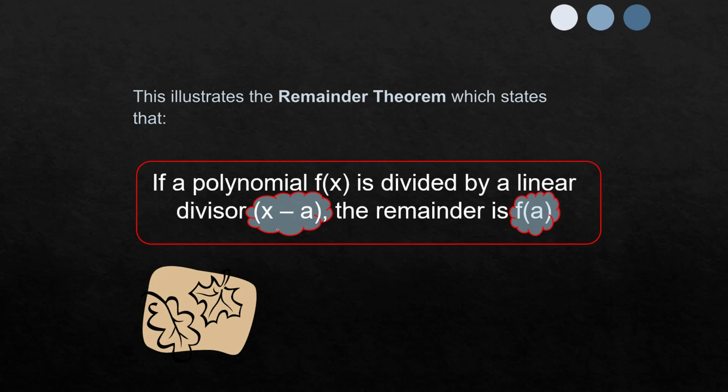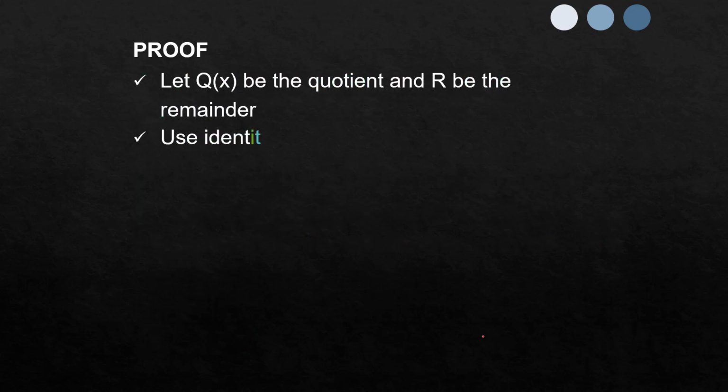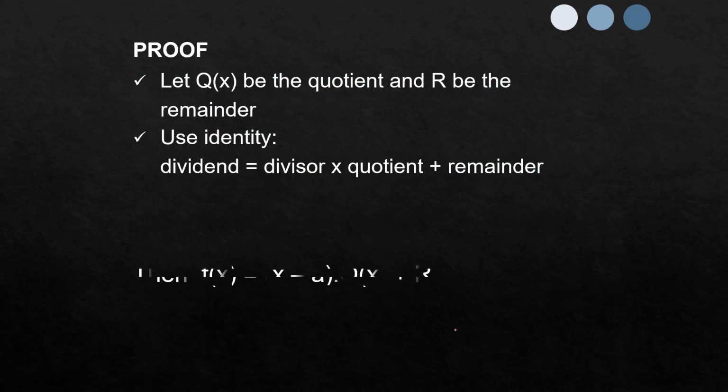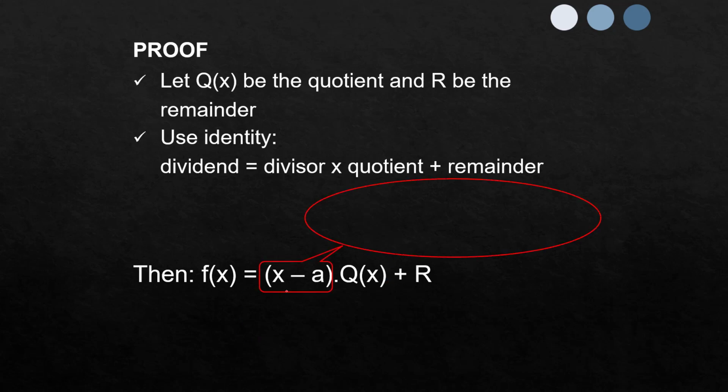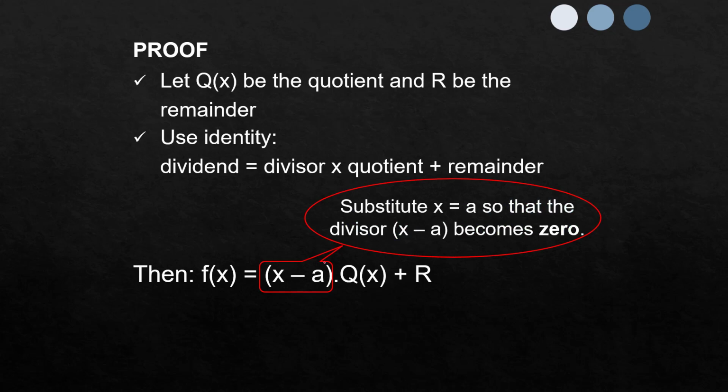Let's see here, if the divisor is x - a, then the remainder will be f(a). Let's prove it. When you have f(x) = (x - a)q(x) + r, suppose we don't know the remainder yet, when you substitute x by a, you have 0 multiplied with q(x).